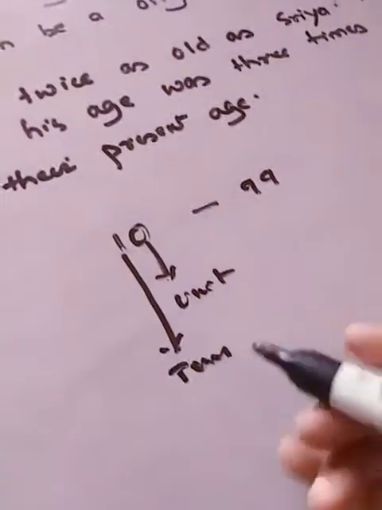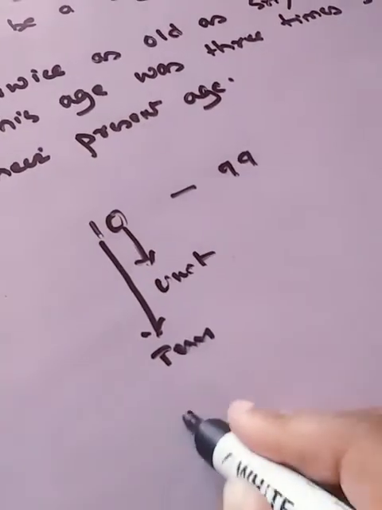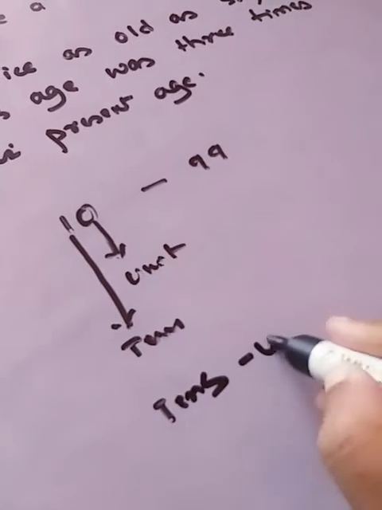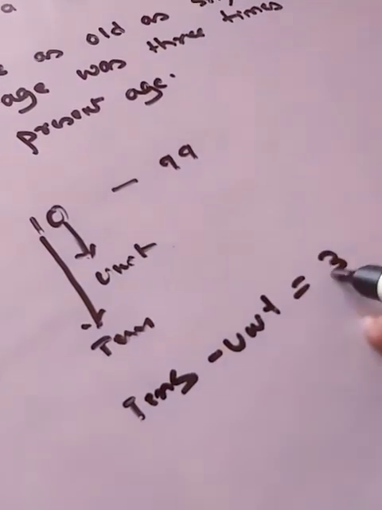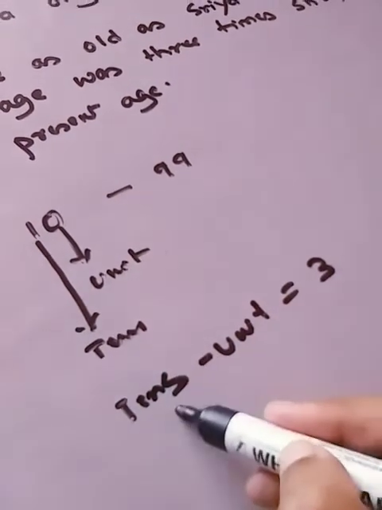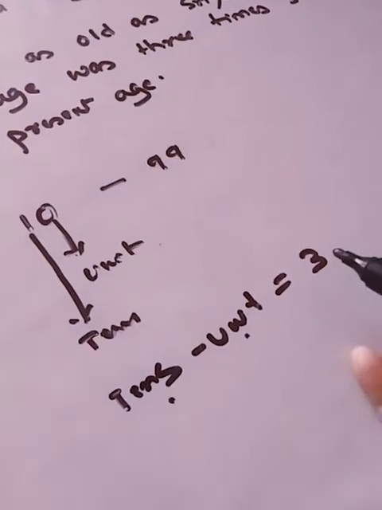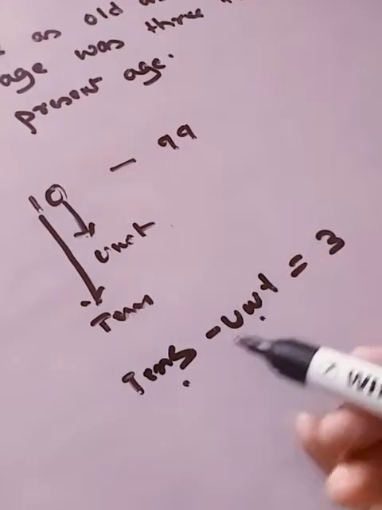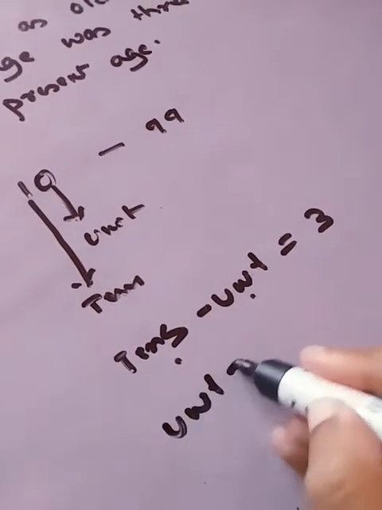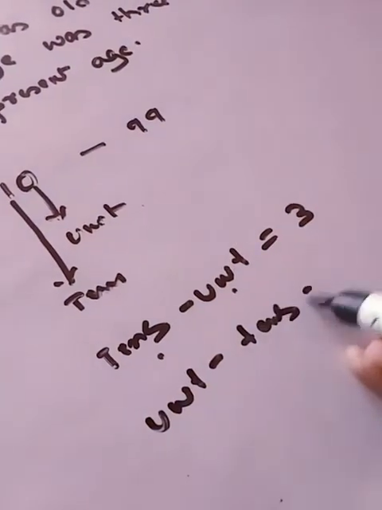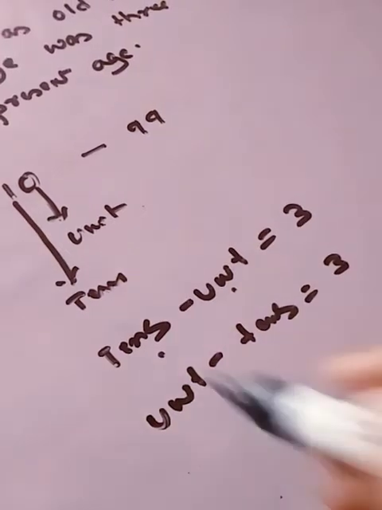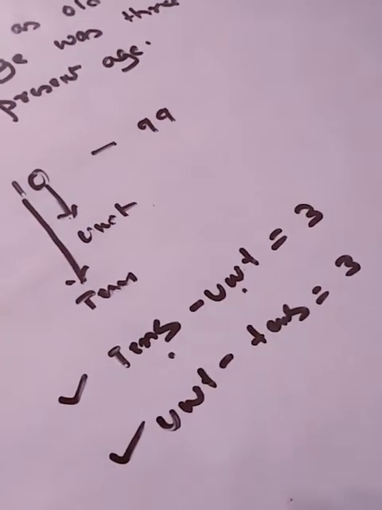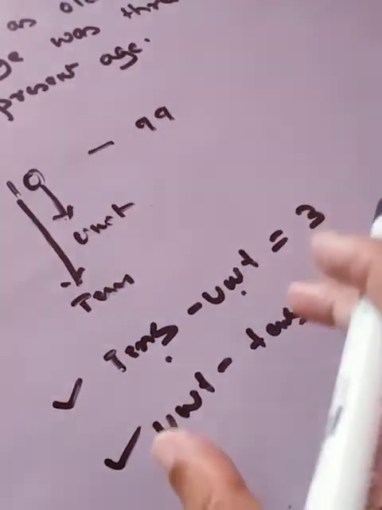The question says differ by 3, that is, tens digit minus unit digit, the difference between tens digit and unit digit, is 3. Or you can say unit digit minus tens digit is equal to 3. Both are possible, so we have to let any one of them first.